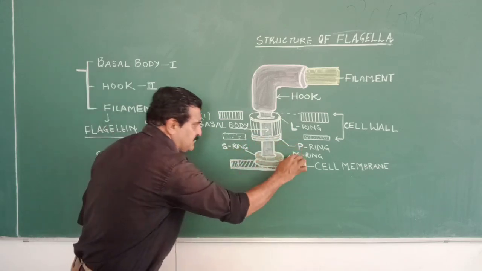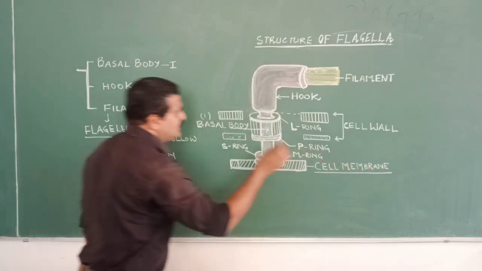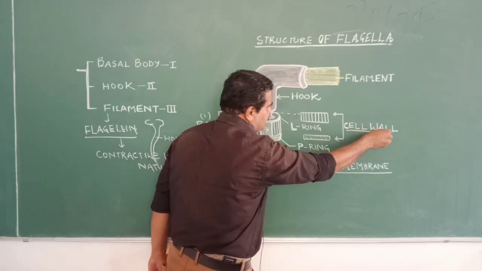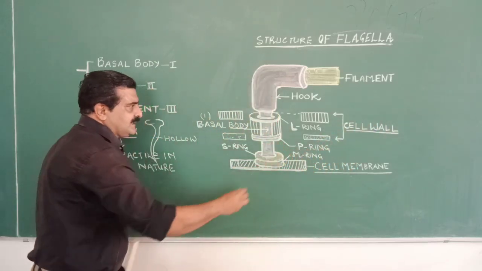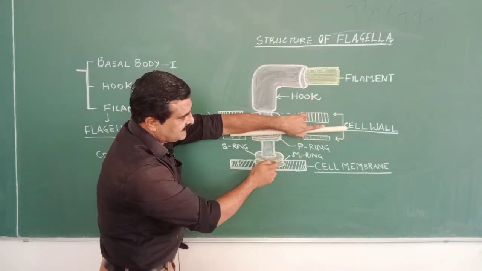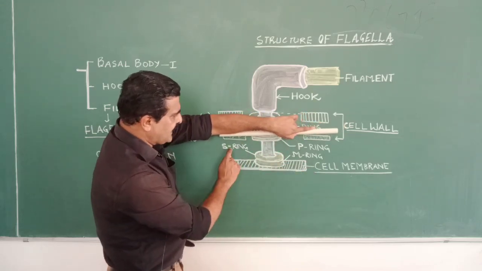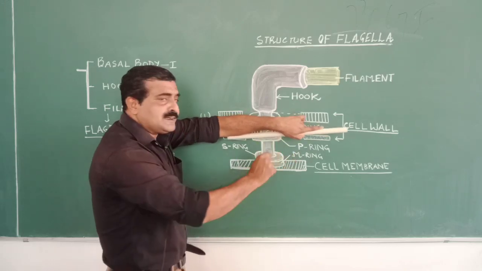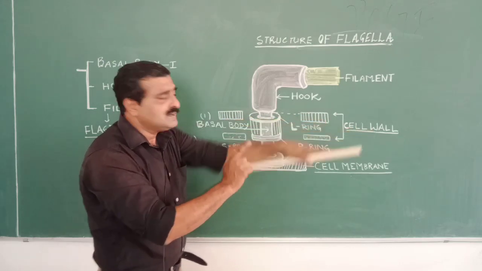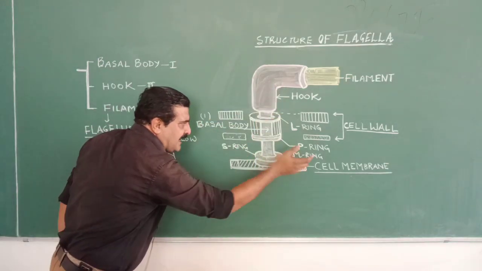Now the S and M rings are present in the cell membrane, whereas the L and P rings are present in the cell wall. Now in case of gram positive bacteria, forget the above. In gram positive bacteria, only the inner ring pair, the S ring and M ring, is present in the cell membrane. Clear?